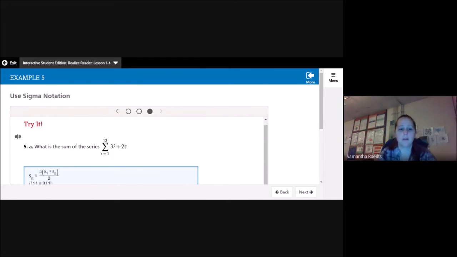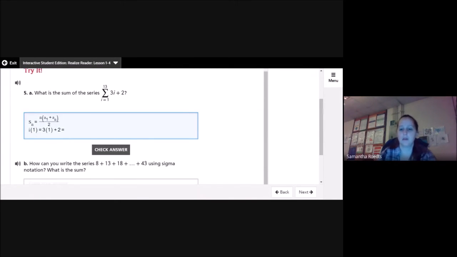So that equals 3 times 1 plus 2. So that's 3 plus 2, which is 5. And then when i is 13, so 3 times 13 plus 2. So that's 39 plus 2 equals 41.